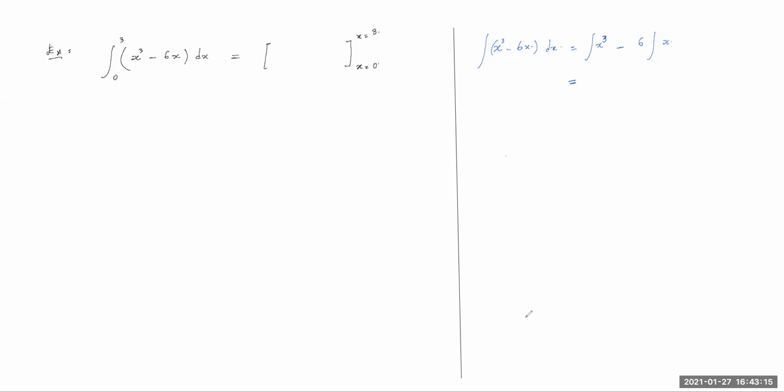Can you remind me, in general, an antiderivative of x to the n? Do you remember? Yes: x to the n plus 1 over n plus 1, plus a constant.